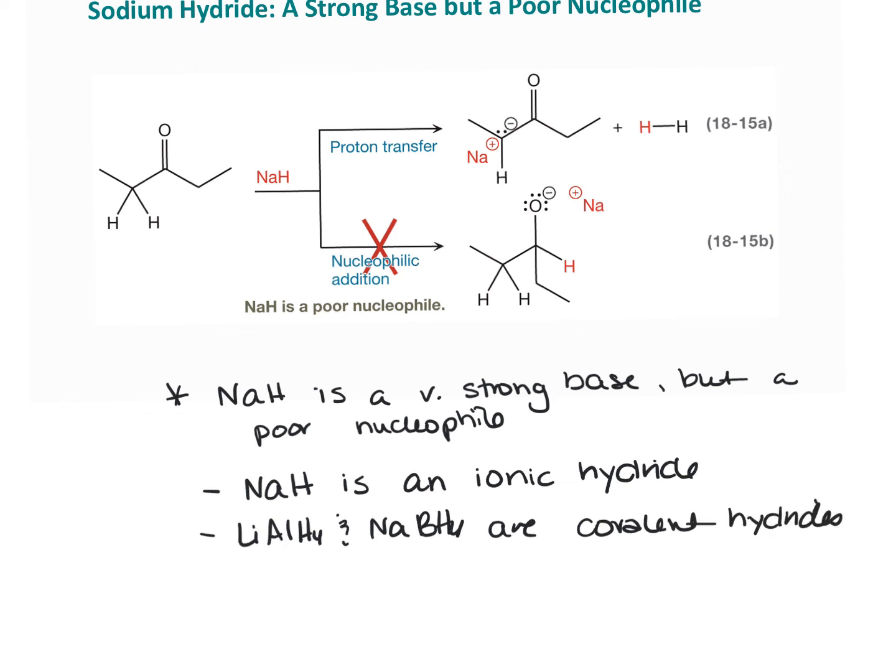Because these are covalent, it just means they don't have as big a difference in electronegativity as an ionic bond. There's a really big difference here in electronegativity, and it's classified as an ionic bond. Because it's ionic, it's basically insoluble in organic solvents. It remains a solid.